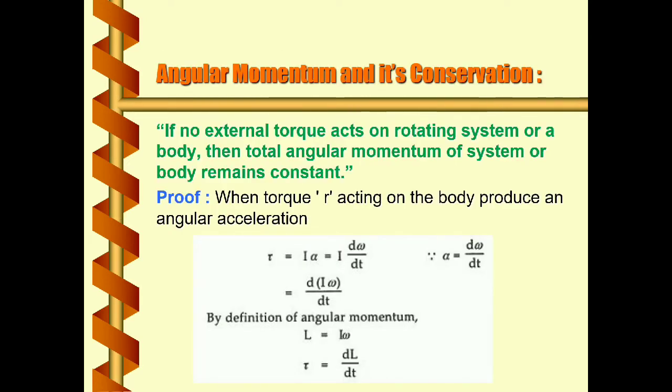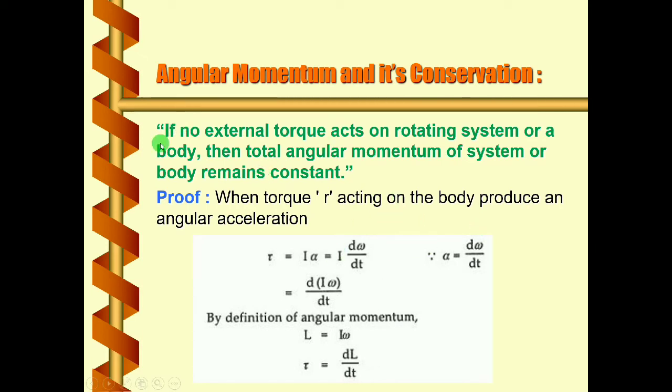Next, let us discuss the principle of conservation of angular momentum. It may be asked as a relation, or the question may say prove the statement, which can again be for 3 marks.